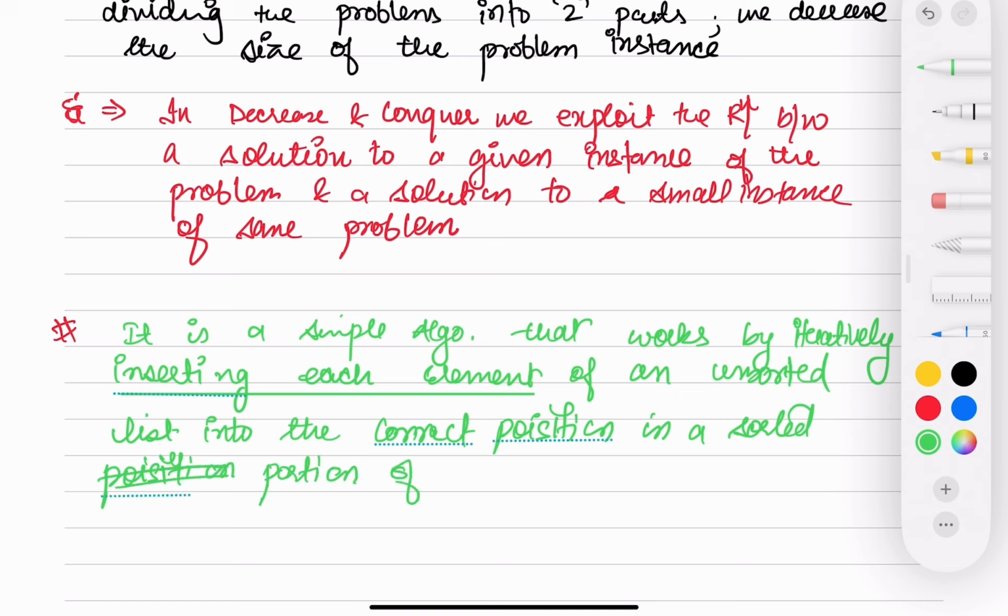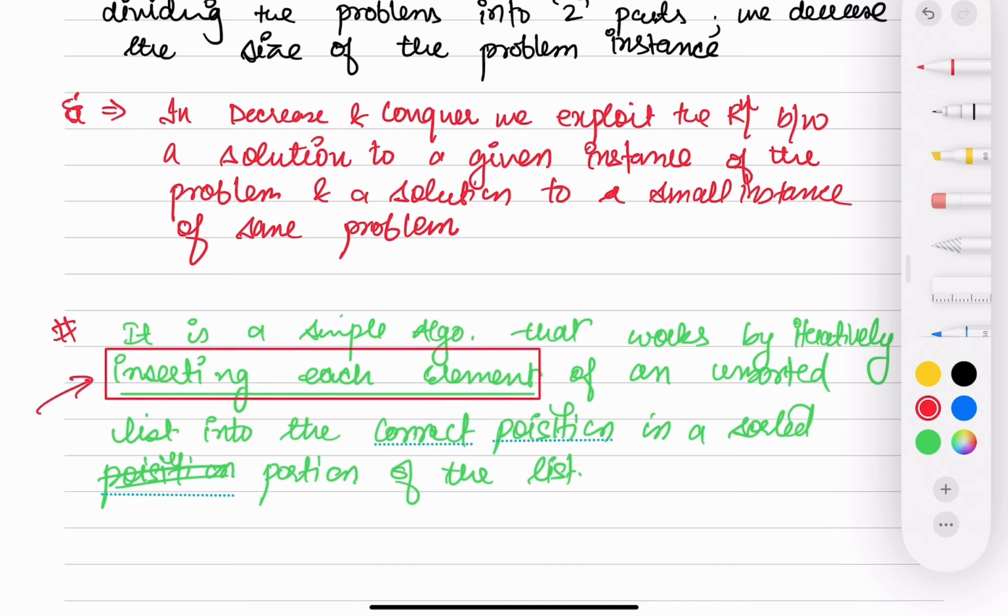Now you might have got the idea what we are doing. It is a simple algorithm that works iteratively inserting each element, that is why decrease by 1, of an unsorted list into the correct position in the sorted.